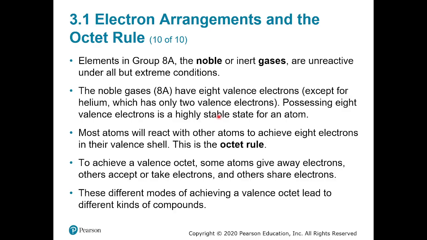Hydrogen shares 1 electron and forms 1 covalent bond typically. Why does it only do 1, by the way? You see how small it is? It only has room for 1 more. So it can only make 1 more bond here. It's just too small to accept any more bonding.